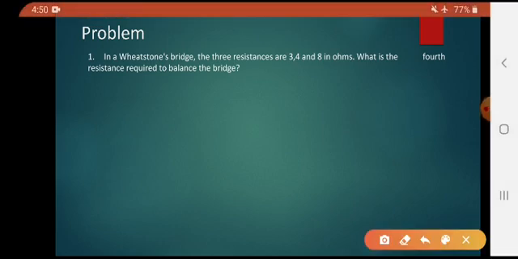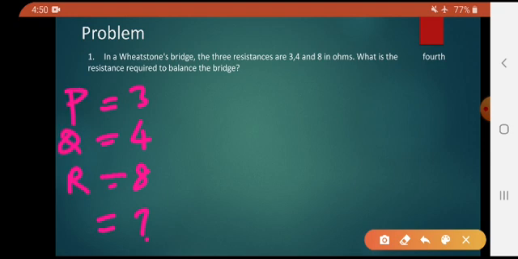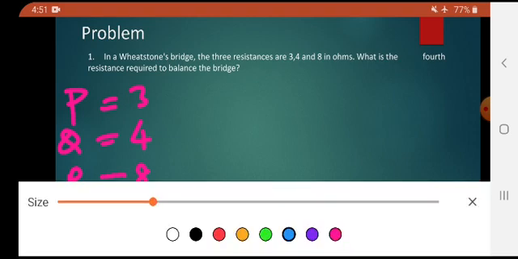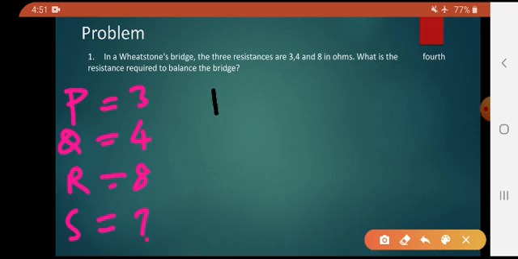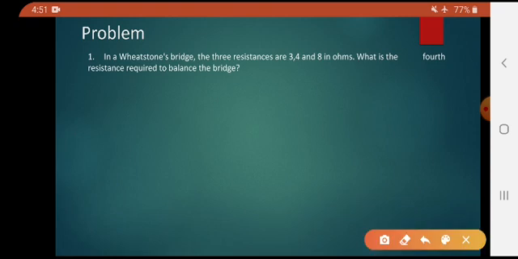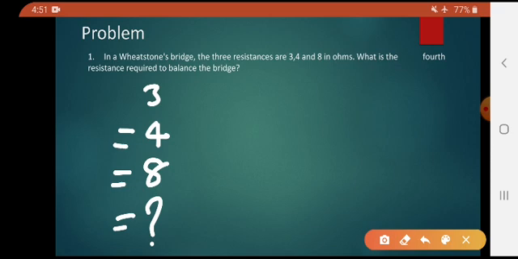So three resistances are given and the fourth one is asked.